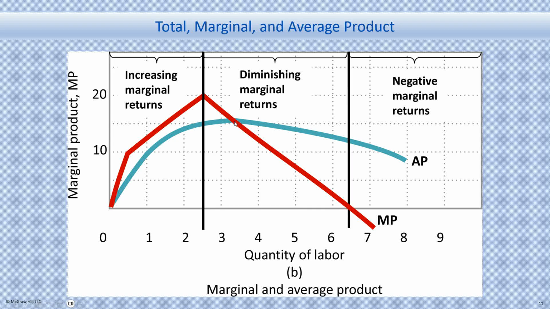One thing I want you to see is this: whenever the marginal product of labor is bigger than the average product of labor, the average product is increasing. Whenever the marginal is below the average, it is decreasing.